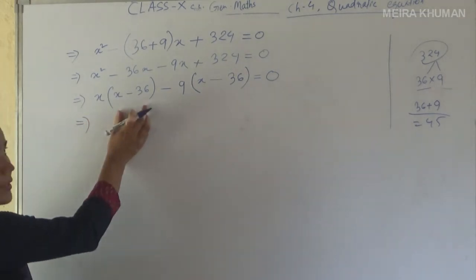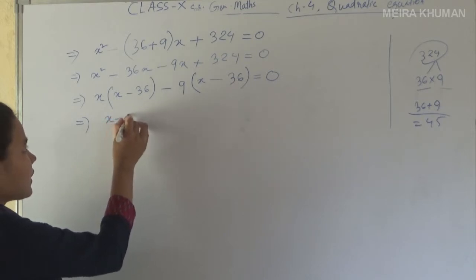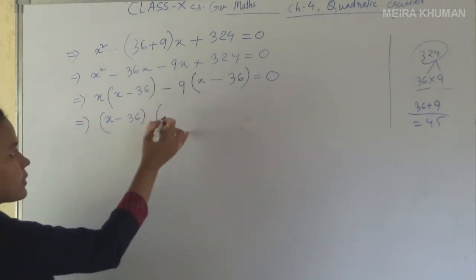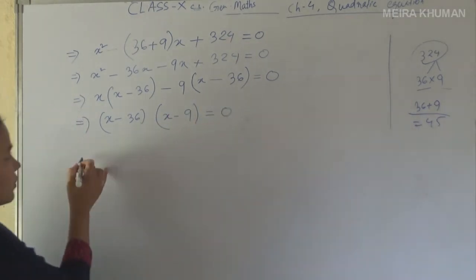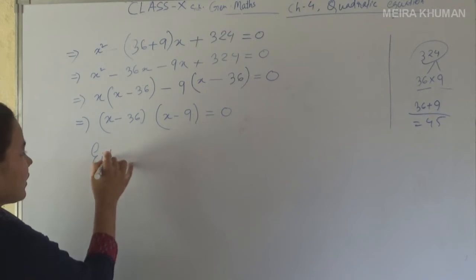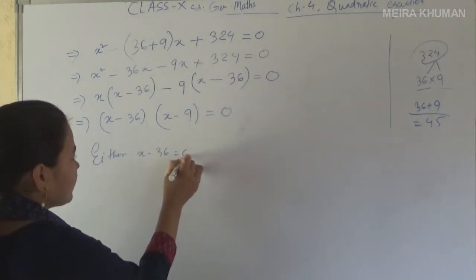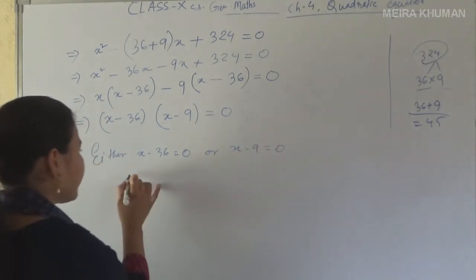Then x minus 36 is common: (x minus 36) into (x minus 9) equal to 0. So in this way you can find either x minus 36 equal to 0 or x minus 9 equal to 0.